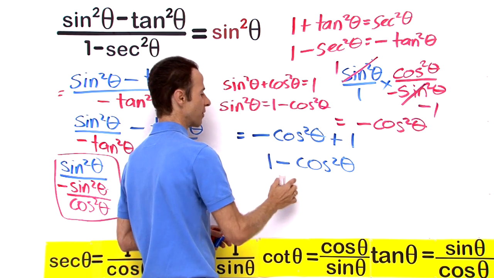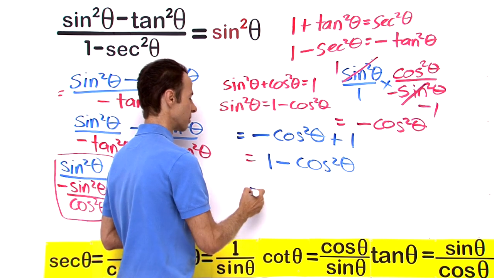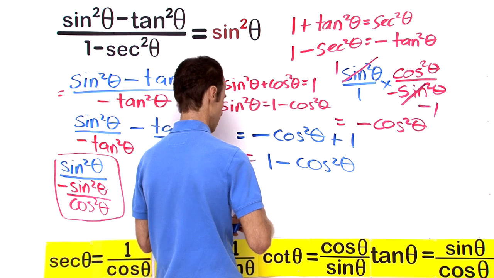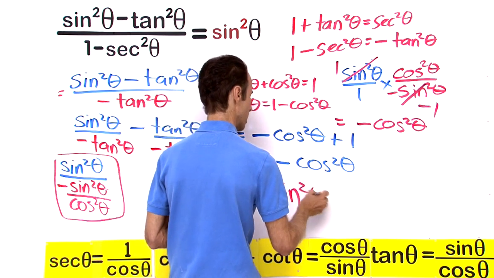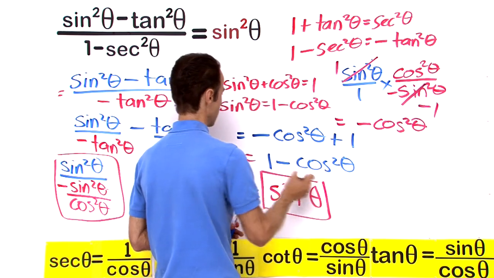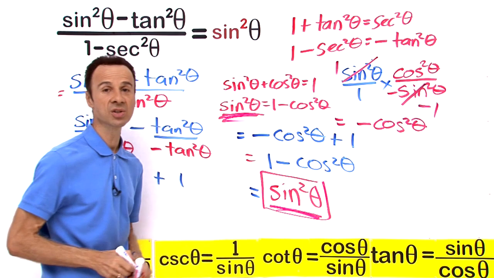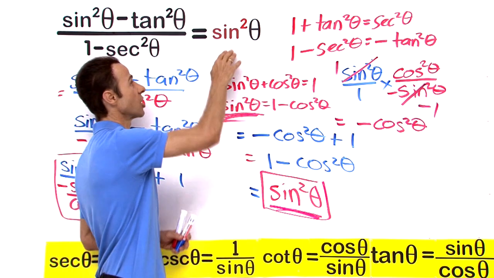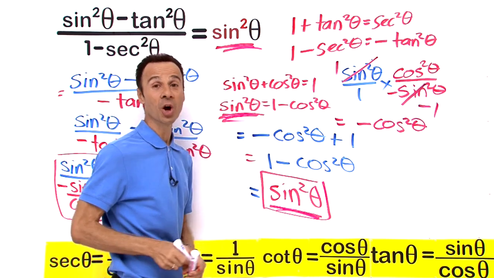We can replace all of that with that, which means we get sine squared theta. That there is that there. And of course, this matches the right-hand side, which is sine squared theta over here. We have a match. Hope that helps.